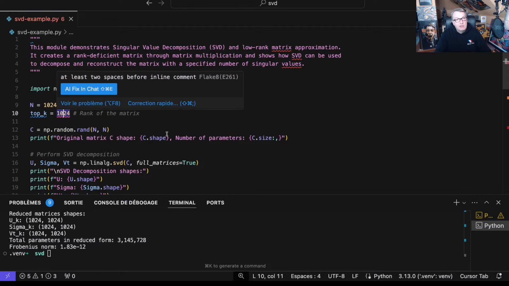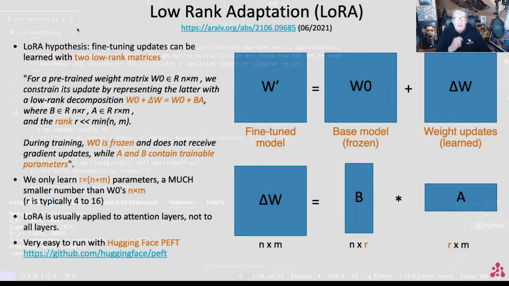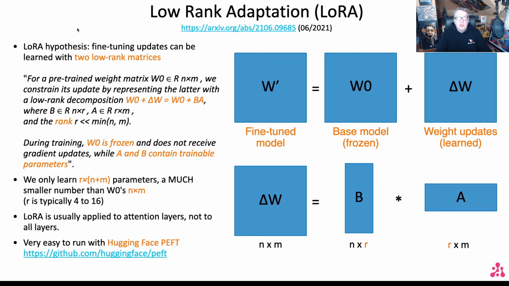Right. Now let's look at LoRA. So LoRA follows the same intuition as SVD. We said when we fine-tune a model, when we fine-tune the layers, we fine-tune all the parameters. So LoRA says, I'm going to reduce the number of parameters by not training the full layer.